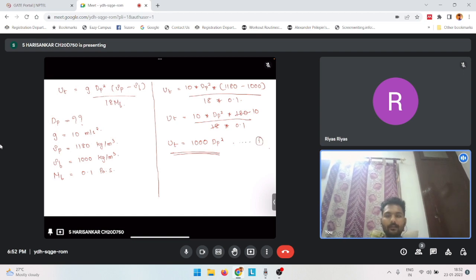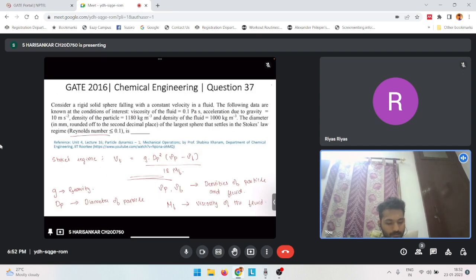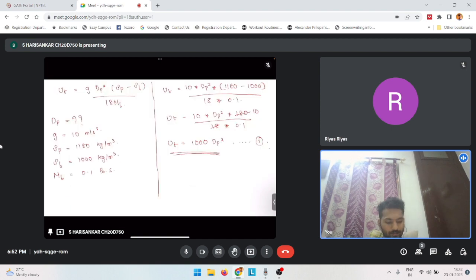The other data they have given us is that the Reynolds number is less than or equal to 0.1 at this condition. So we can approximately take Reynolds number Re equal to 0.1, and by the general equation the Reynolds number is equal to rho into d into v by mu.